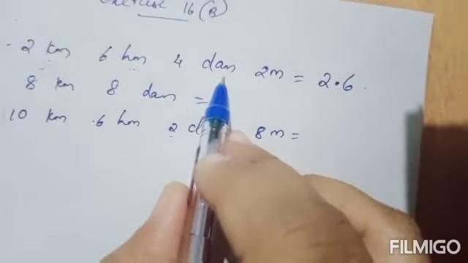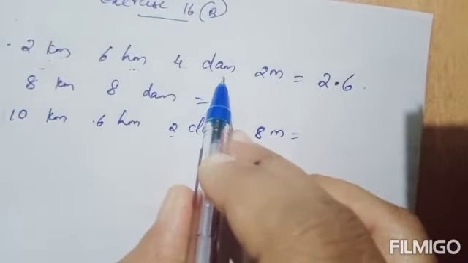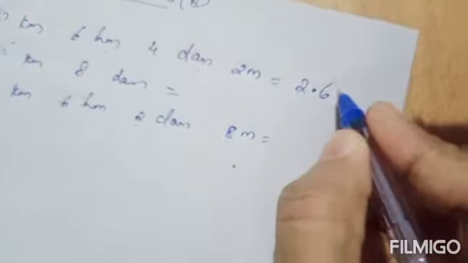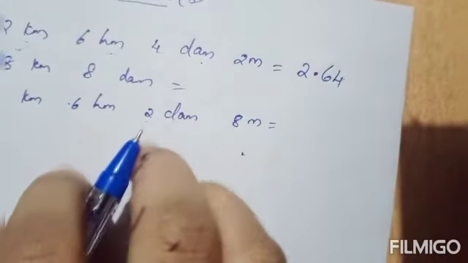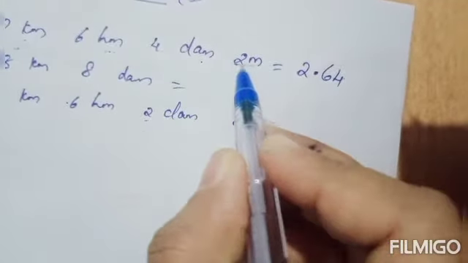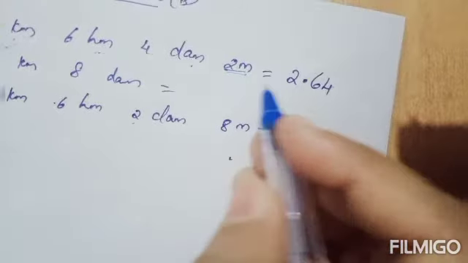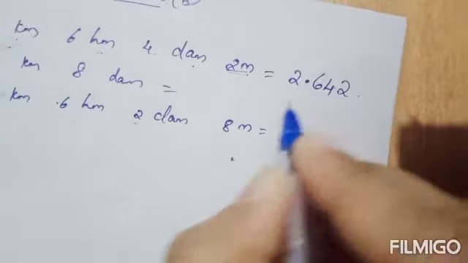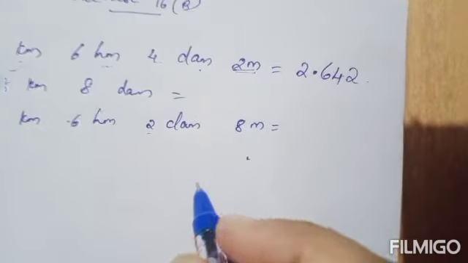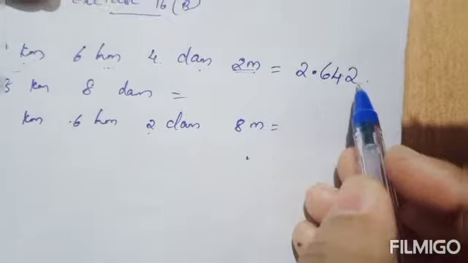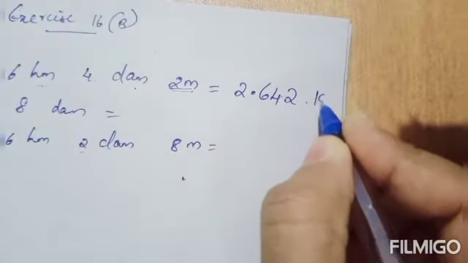Now decameter you have to write in the 100th place, so 4 will come in the 100th place. Next, meter will come in the 1000th place, so 2 in the 1000th place. Okay. So 2.642 kilometer it is.